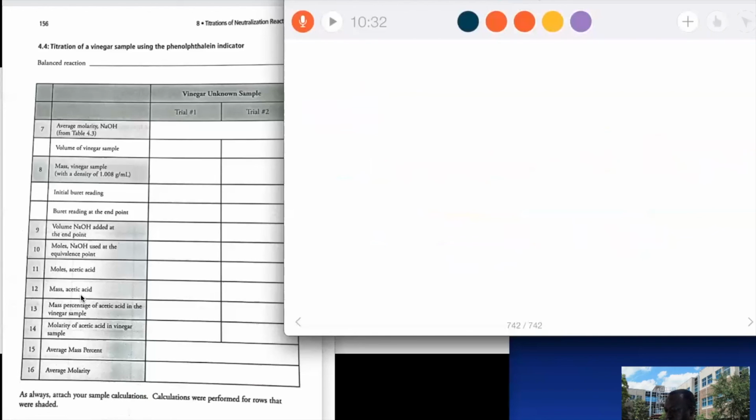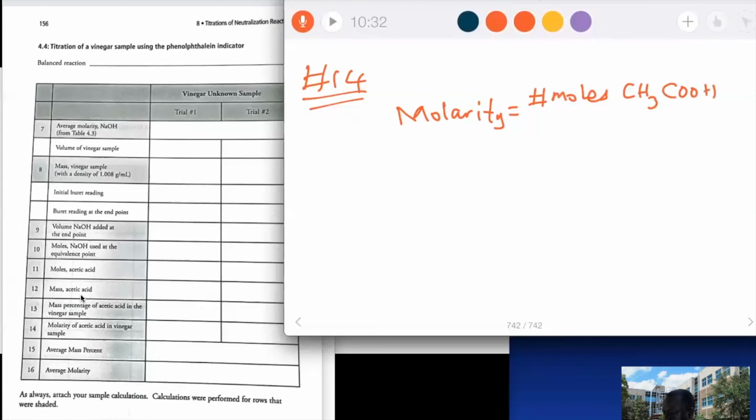Now, number 14 here, molarity of acetic acid. Of course, we know molarity is given by the number of moles of acetic acid over the volume in liters.